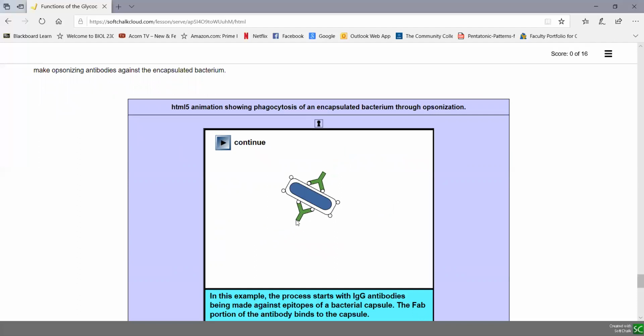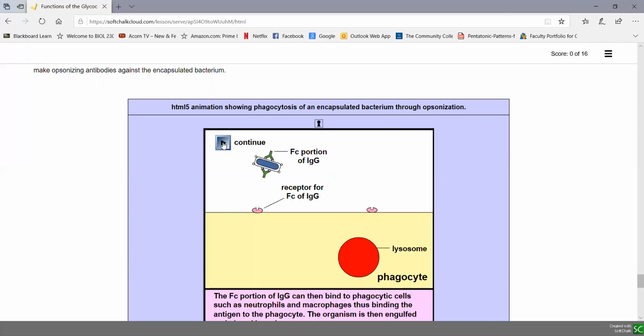And then the Fc, or bottom part of the antibody, binds to Fc receptors on phagocytes. And in this way, we can eventually stick encapsulated bacteria to the surface of the phagocyte, where they can then be engulfed, put in a phagosome, and eventually destroyed with lysosomes.